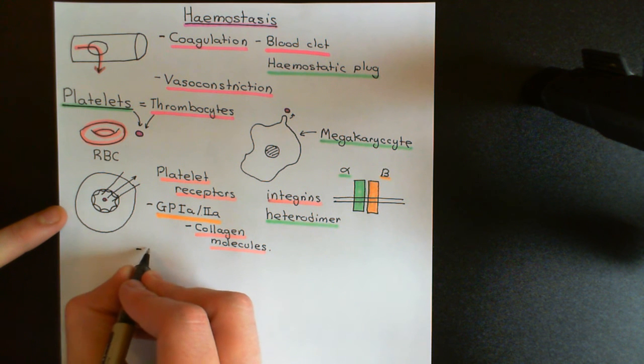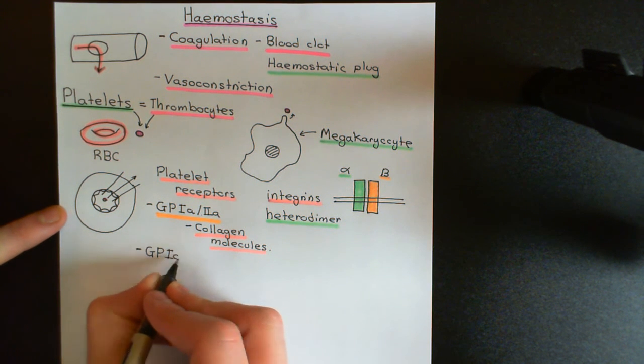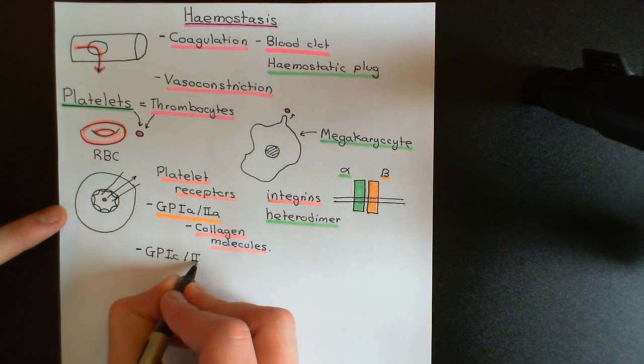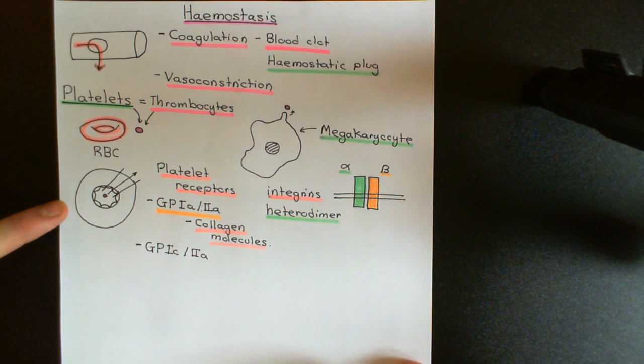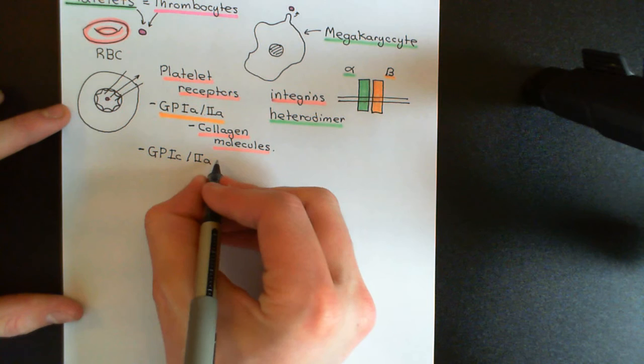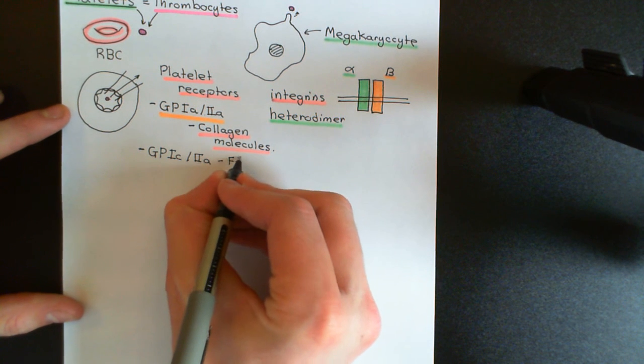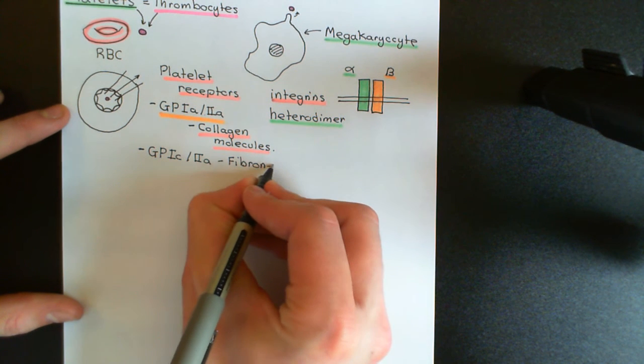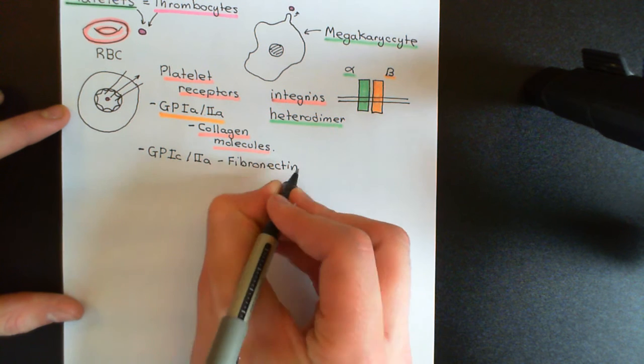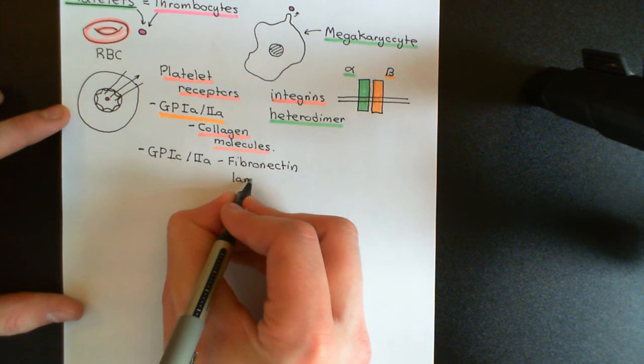Another example that I believe is worth you knowing is glycoprotein 1C/2A. Now this also binds to other components of the extracellular matrix. This one binds to components that are slightly less famous, but still noteworthy, fibronectin and laminins.